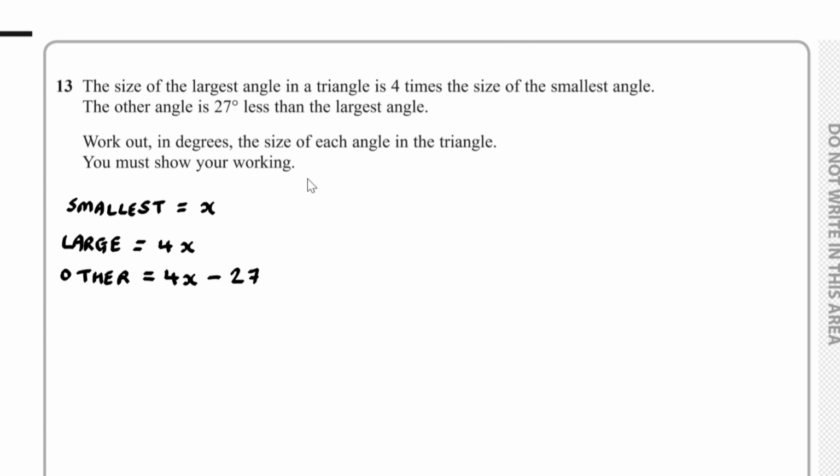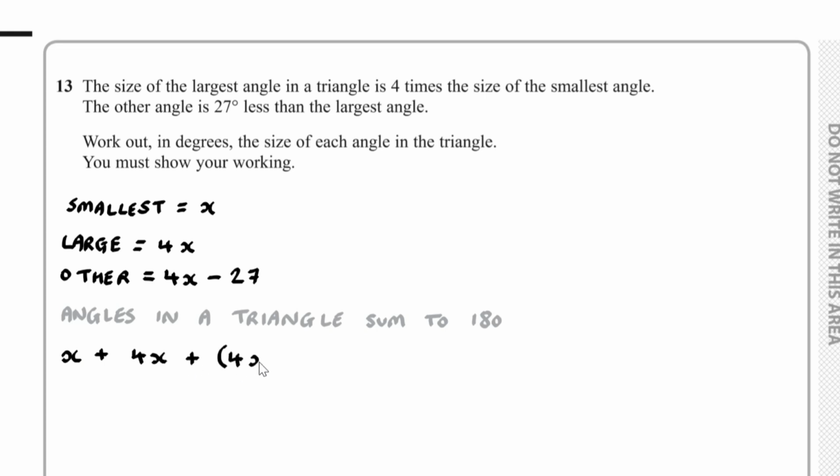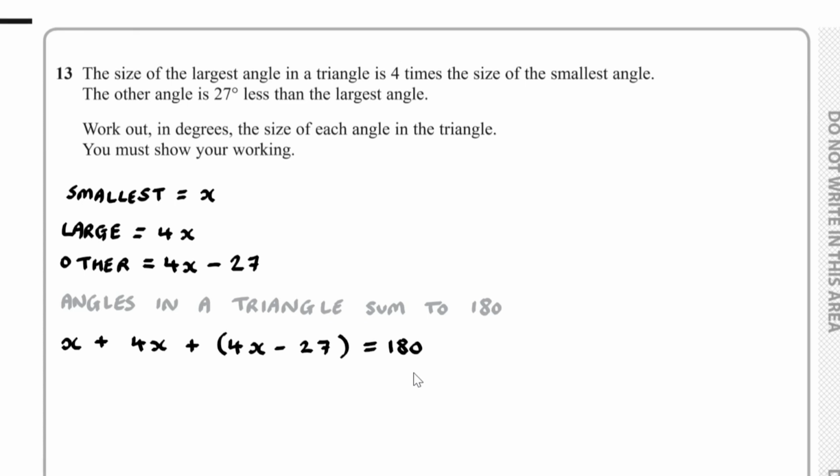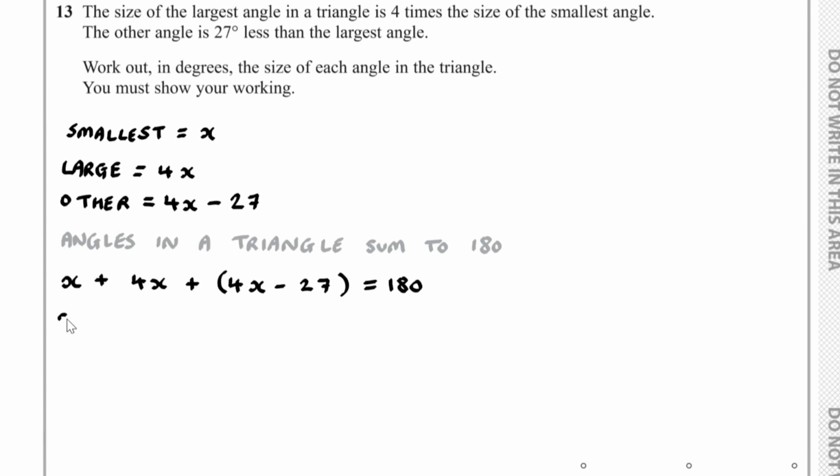So now let's add up these angles and set it equal to 180. The reason we're doing that is angles in a triangle sum to 180. So we've got the x plus the 4x plus the 4x minus 27, which would equal 180. So we've got 9x minus 27 equals 180.